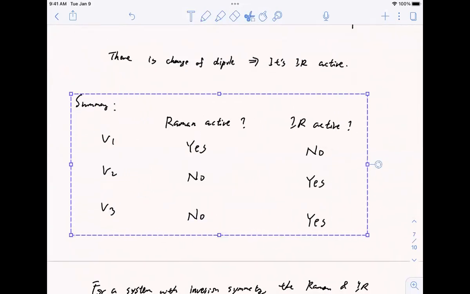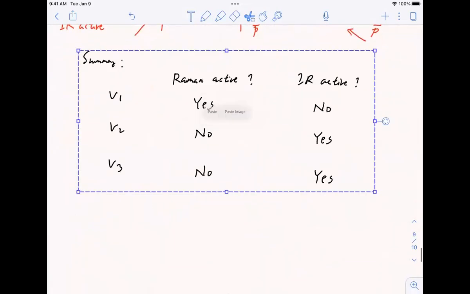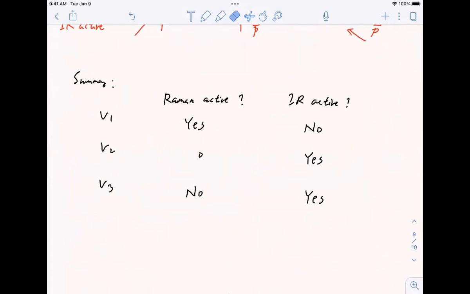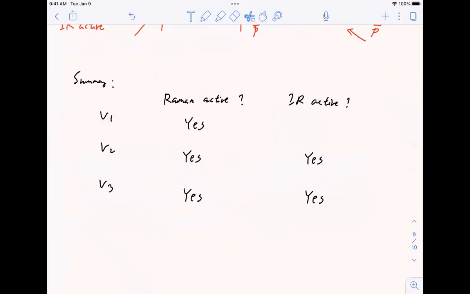In summary, let me get the summary first. If you do the summary for water, then all of them will be yes. So that's the difference.